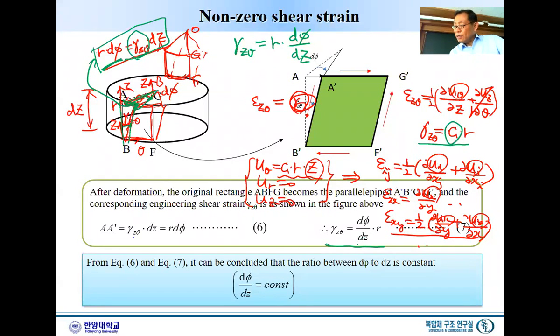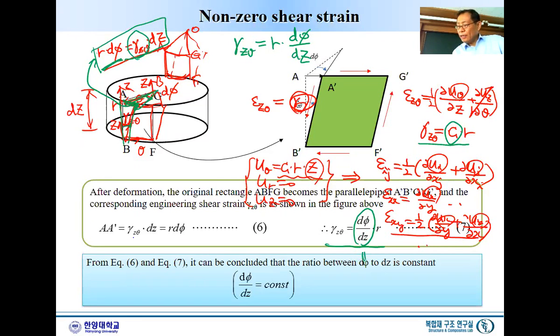Now the C is the same as the C, which is now constant. So this constant, we can see that it's nothing but d phi dz. Okay, d phi dz. So this constant is the rotational angle per unit length. In other words, it can be said as the angle per unit length, which is the constant.